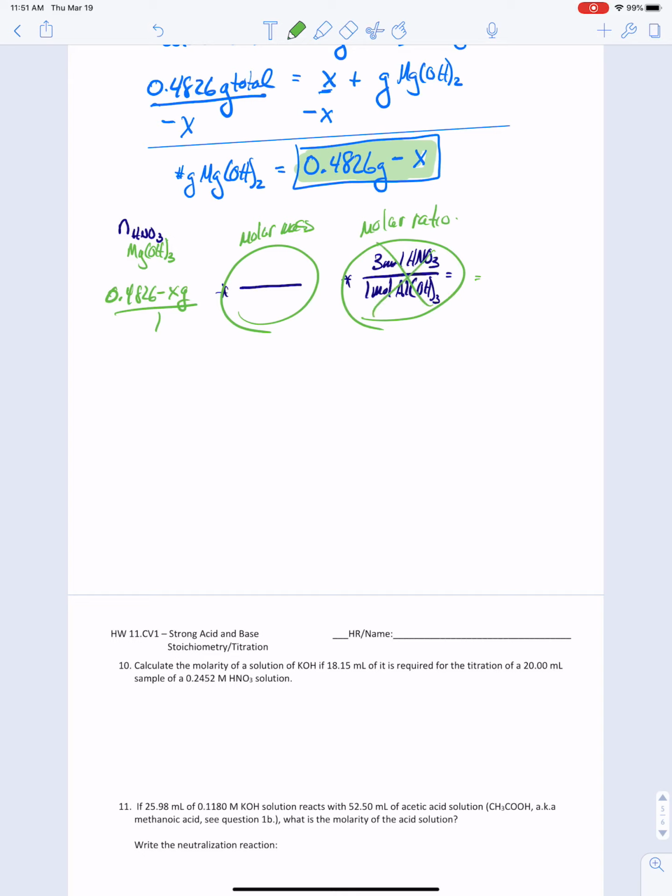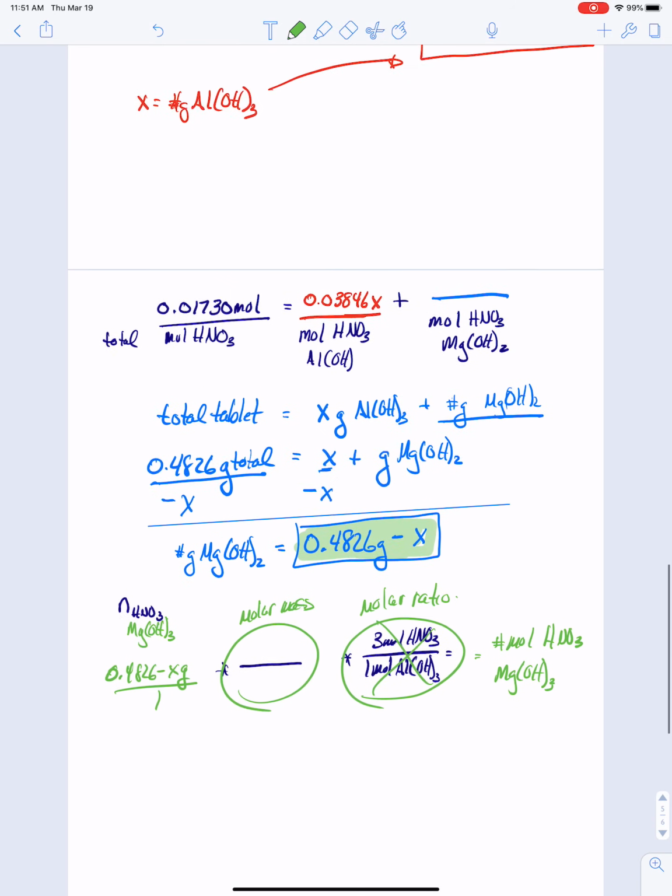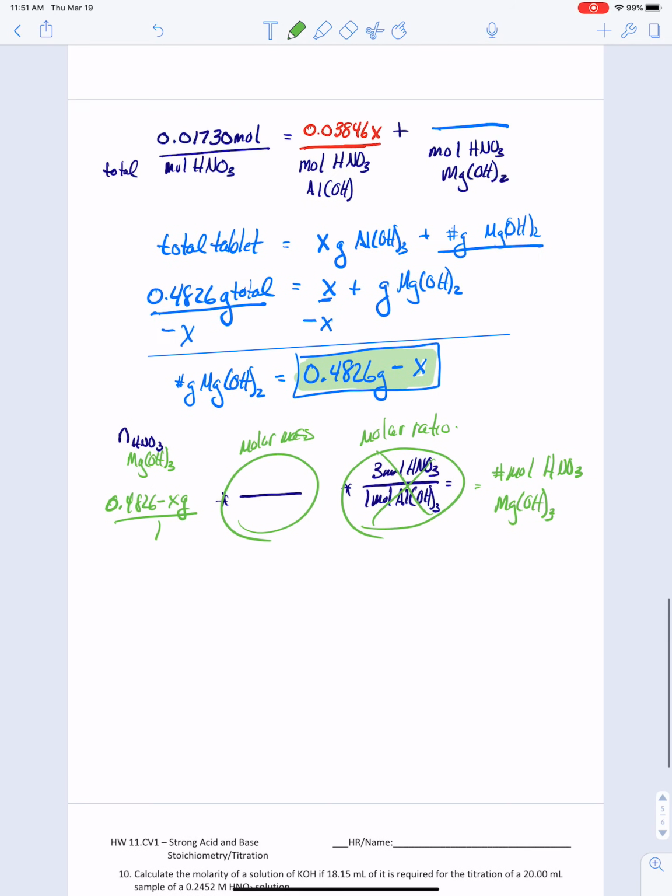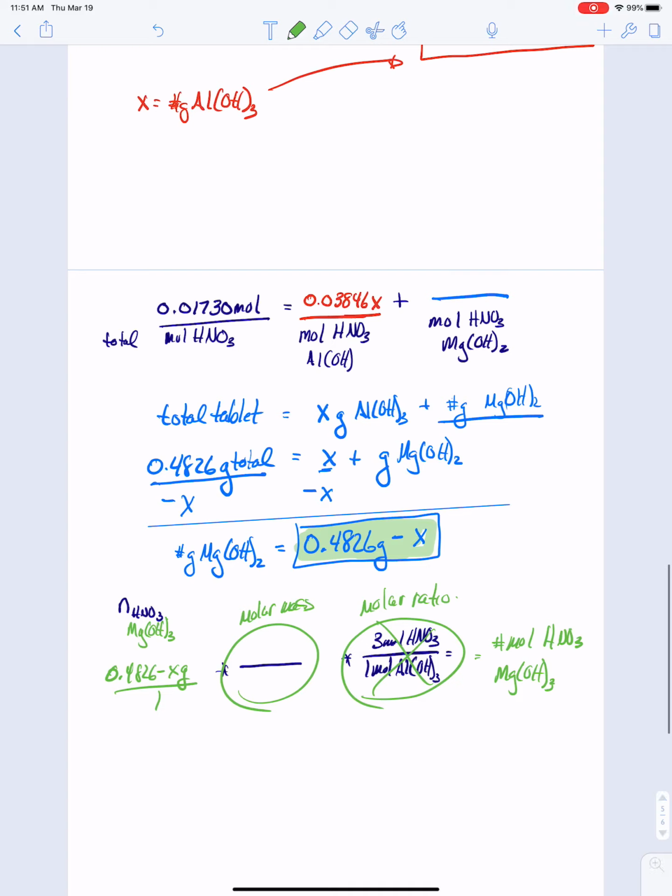We would find the number of moles of HNO3 used to neutralize the magnesium hydroxide, and we could put that number right here. All right, so this has to be number of moles, because this is in moles. So this would be number of moles of magnesium hydroxide.